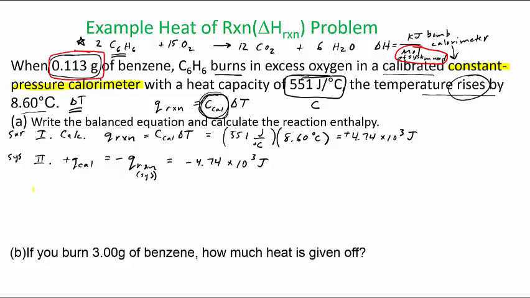Okay, step 3 is to put it in terms of kilojoules per mole. So I'm going to use some dimensional analysis and go 4.74 times 10 to the third joules, and say in 1 kilojoule there are 1,000 joules.